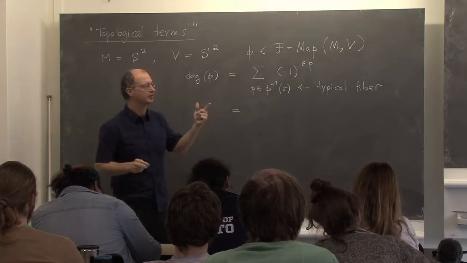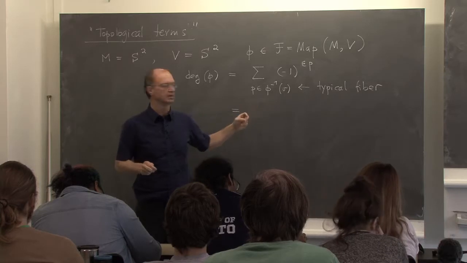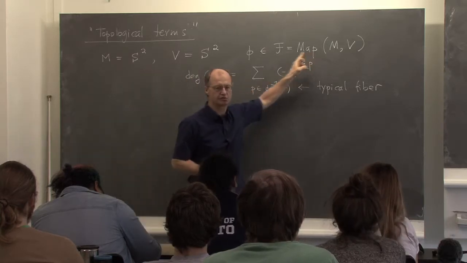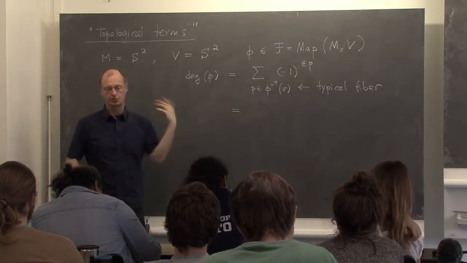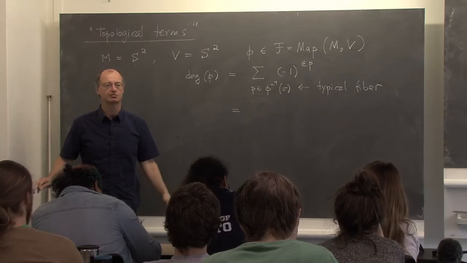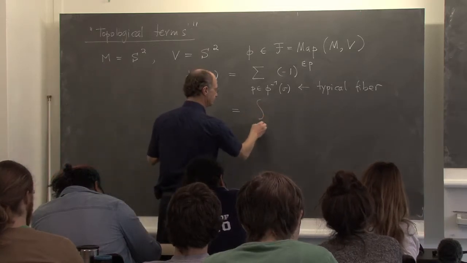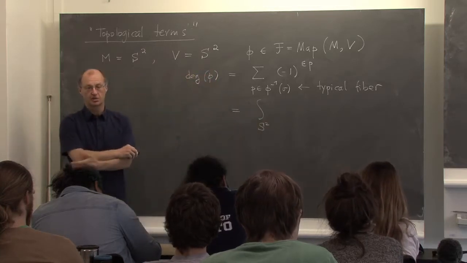Right, before, remember, this was an integral of d1 phi. Now, I have a map from this two-sphere to two-sphere, so I would like to compute the degree with an integral formula. Obviously, this should be some integral over S2, but of what?